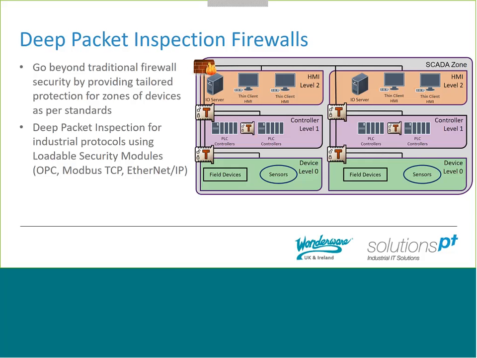So we're still going to have our layer 3 device, our layer 3 firewall, as our perimeter defense. But what we're going to do is introduce a Tofino device at each sort of island of automation. So it could be that you've got those XP devices that I talked about before, something that needs high levels of security. This is sort of the perfect place to put one of these Tofinos.